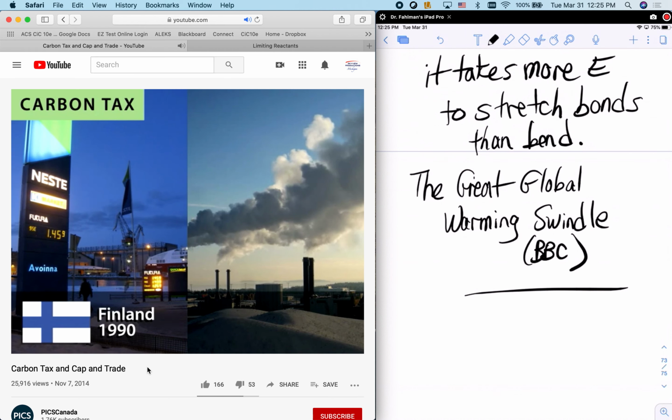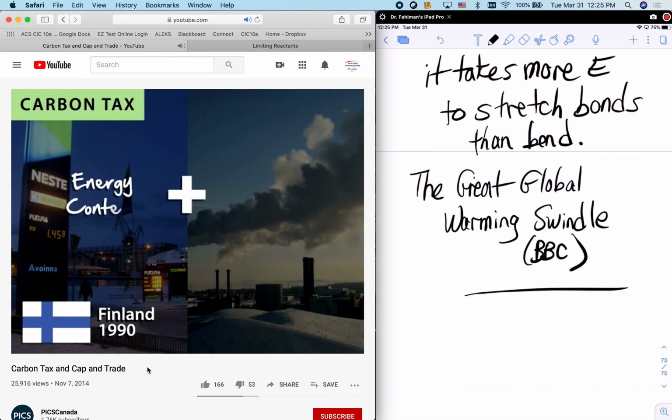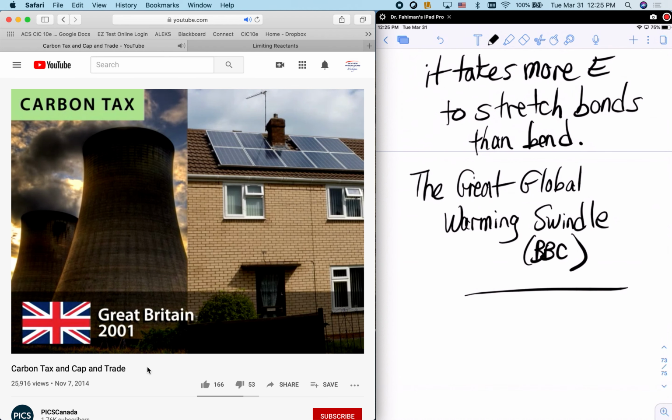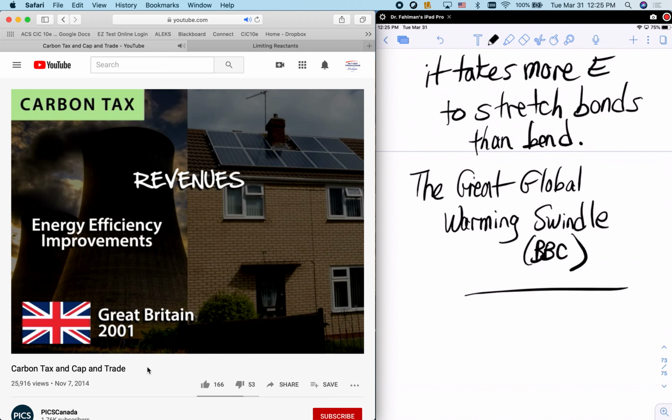Finland launched the world's first carbon tax in 1990, covering energy content of fuels and carbon dioxide emissions. Sweden adopted Finland's system a year later. Great Britain introduced a carbon tax in 2001 to reduce energy usage, with revenues targeted for energy efficiency improvements and renewable energy support.